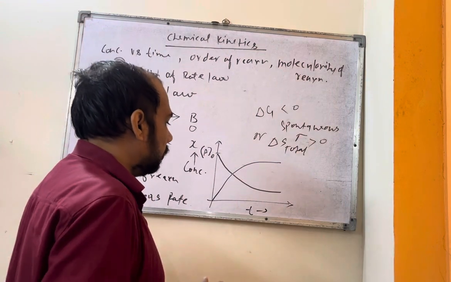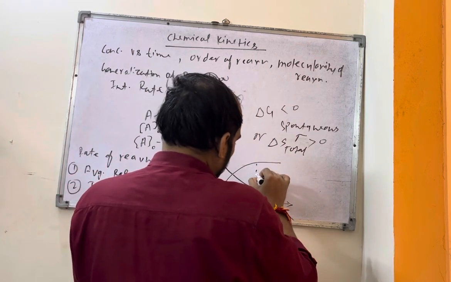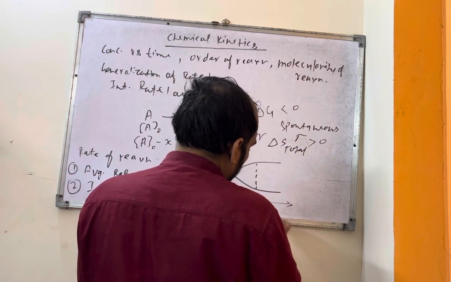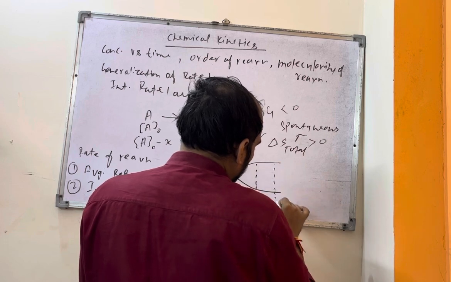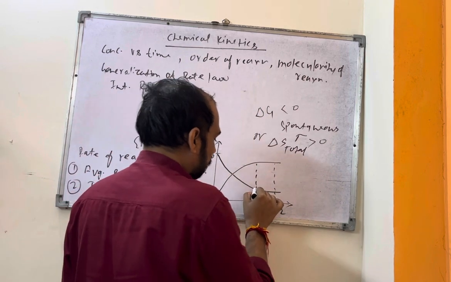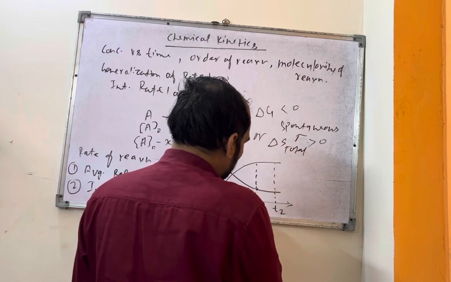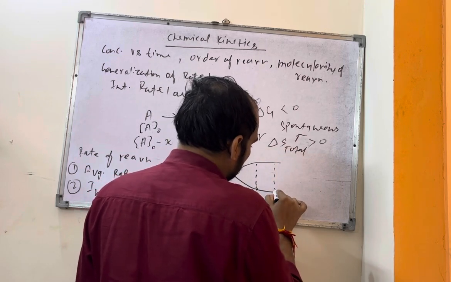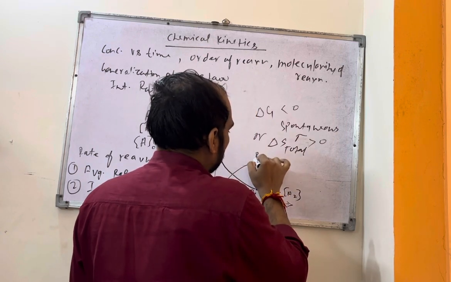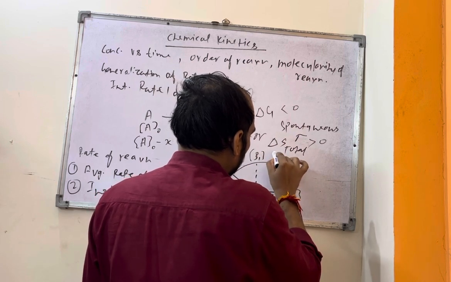In a time interval from, let's say, T1 to T2, this is our concentration A1 and this is concentration A2, and this is B1 and this is B2.